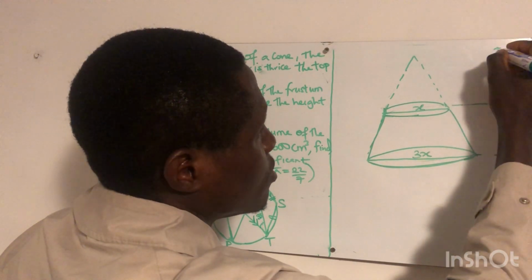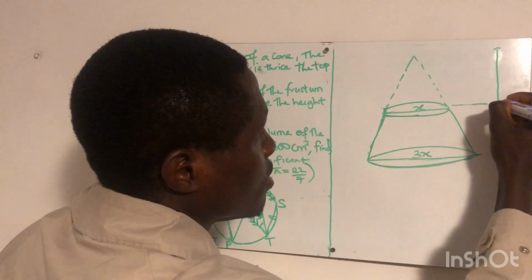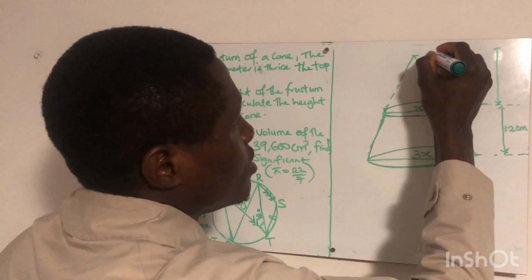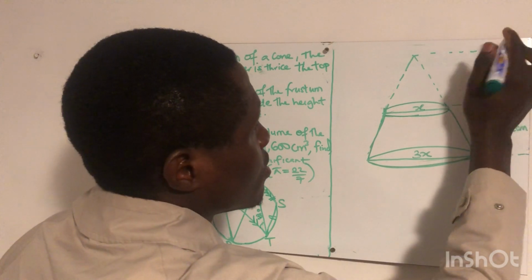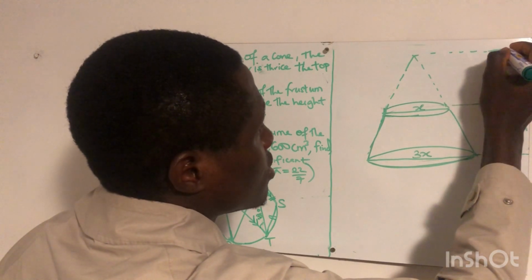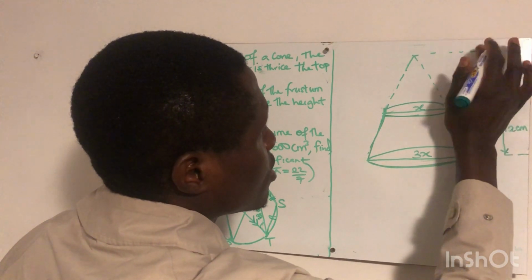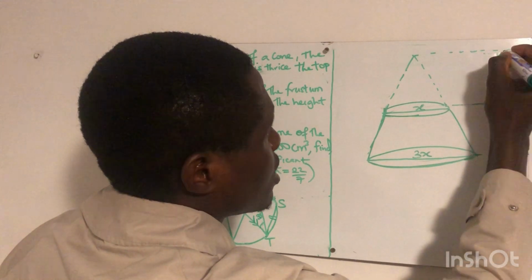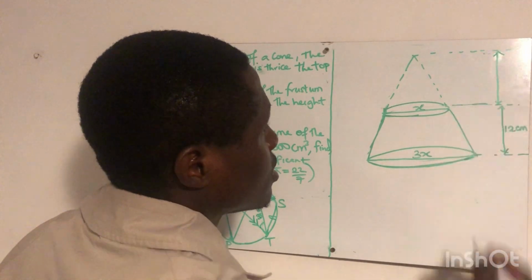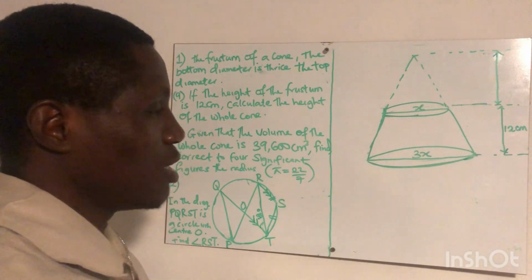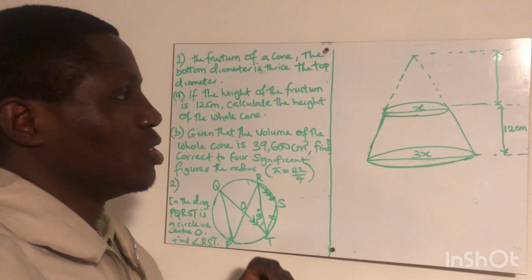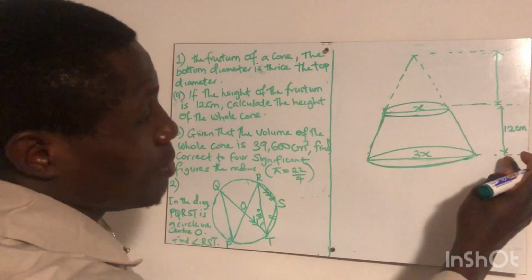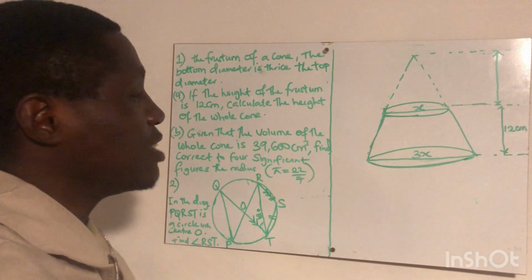I'm using a dashed line so that you can get what I'm trying to do, because it was not actually the shape given to us. We are just trying to form the whole cone. So from here to here is the height of the whole cone.